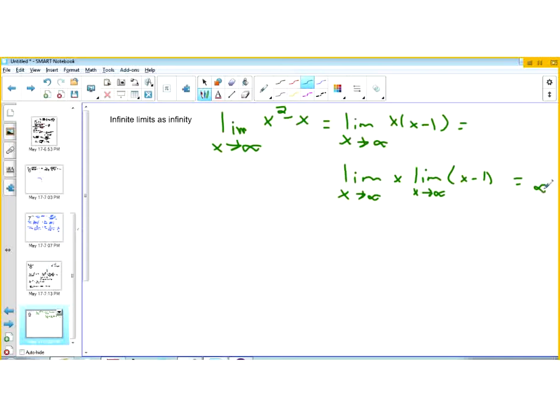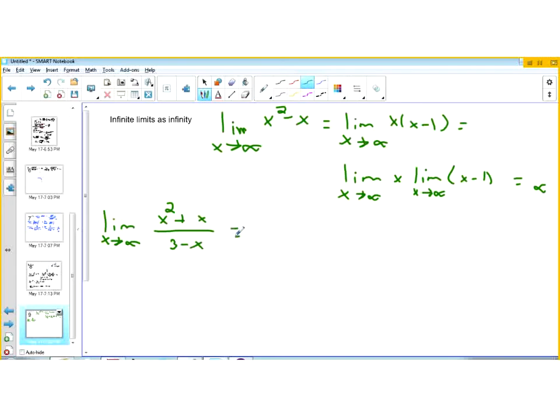All right. How about one more example, and then we'll move on to definitions. The limit as x approaches infinity of x squared plus x divided by 3 minus x.